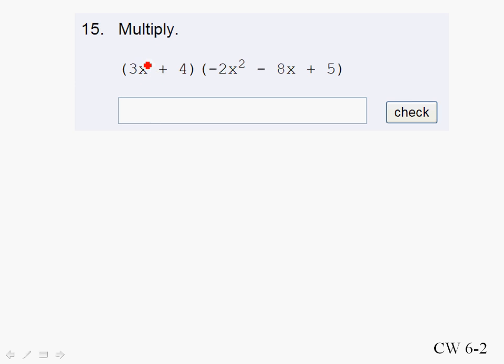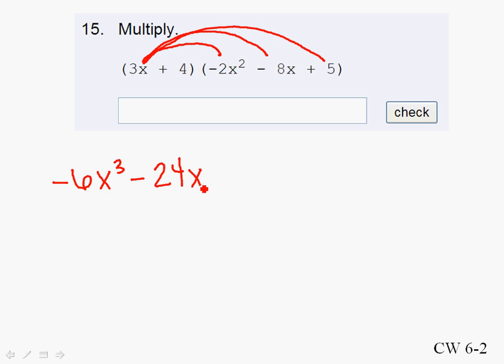So I'm going to use the distributive property, and I'm going to multiply this, then this, and then this. So I'm going to end up with negative 6x cubed, negative 24x squared. When I do 3x times negative 8x, and 3x times 5, that's going to give me 15x.